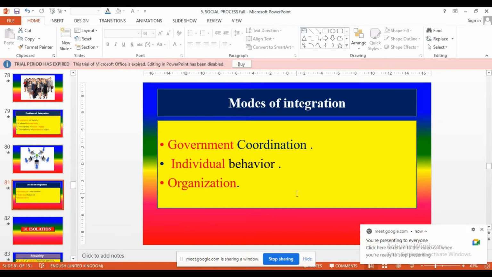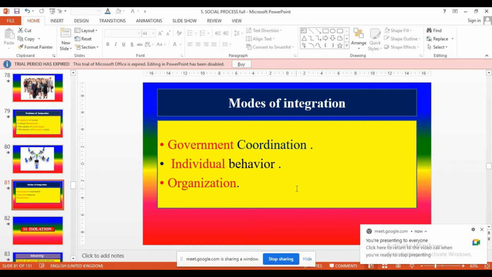Then individual behavior. Every individual tries to integrate and maintain peace, and behaves to coordinate and integrate to maintain peace and achieve their individual goals.